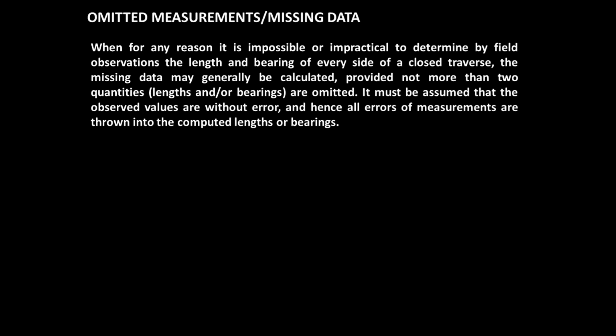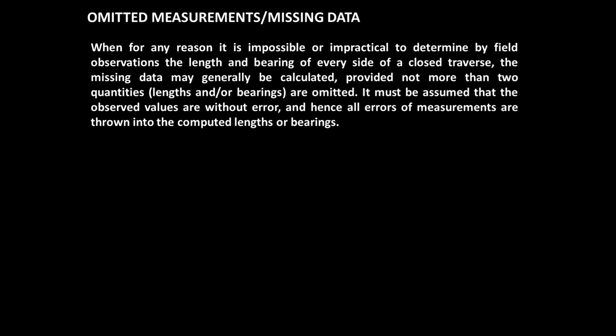When for any reason it is impossible or impractical to determine by field observations the length and bearing of every side of a closed traverse, the missing data may generally be calculated, provided not more than two quantities, lengths and or bearings, are omitted.